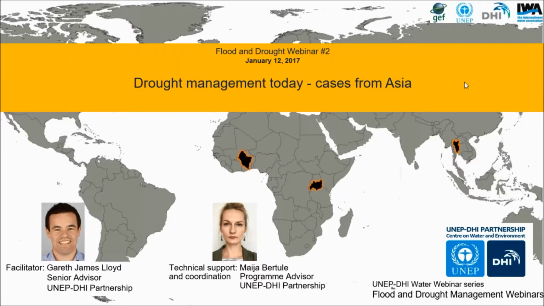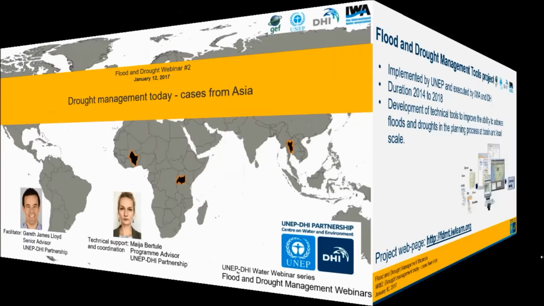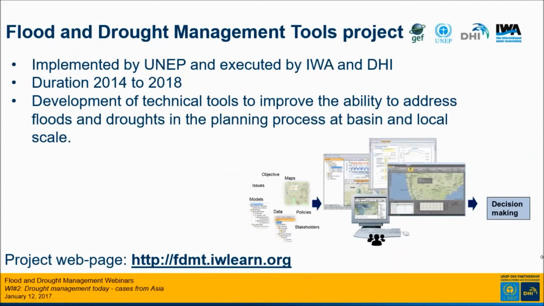Just before moving on with the agenda, I'd like to briefly give you the backstory to this webinar series. Much of what you're going to be hearing about is either based upon or inspired by a quite exciting Global Environment Facility project, which is all about developing and disseminating cutting-edge flood and drought management tools that are of generic applicability.